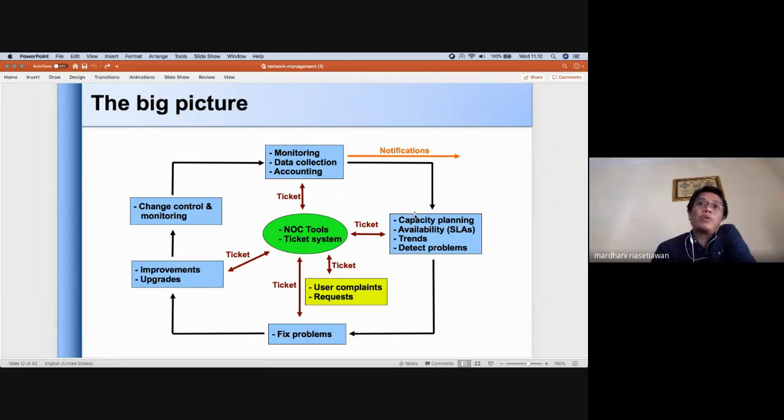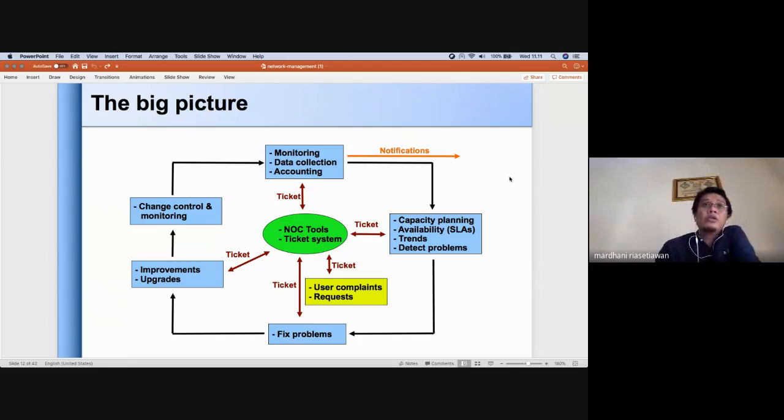Then we fix the problems, and after we have fixed the problem in the network, we can improve and upgrade. Then we can make changes if necessary, and then we monitor, and all that will be provided by tickets from the network operation control tools. That will give notifications to the staff that work on network management.